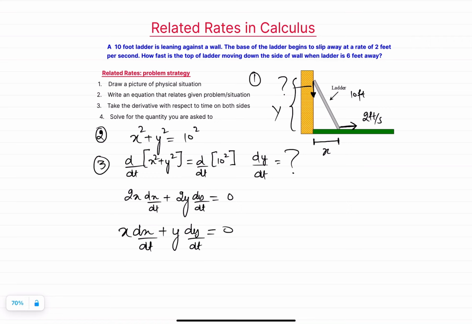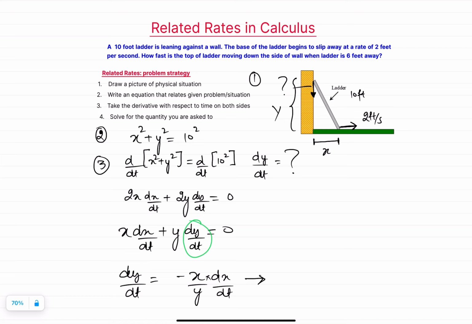Since we have to find dy by dt, we will take this to one side and everything else to the other side. dy by dt is negative x by y dx by dt.